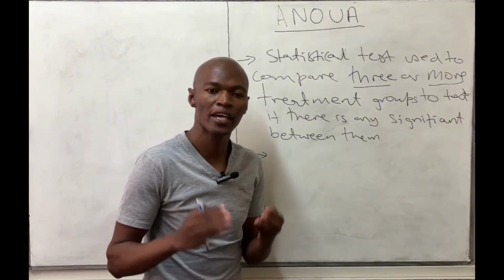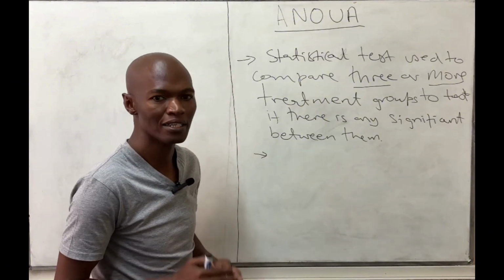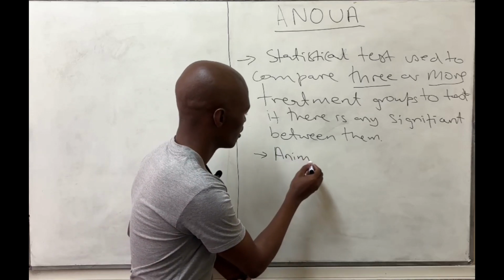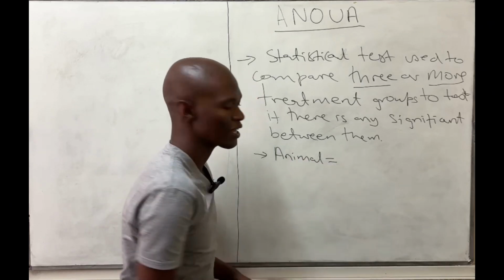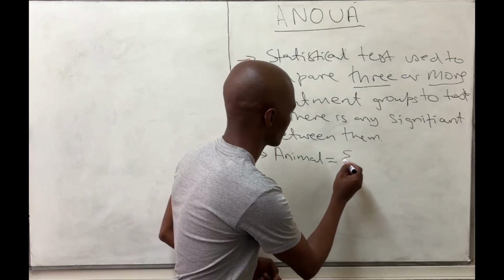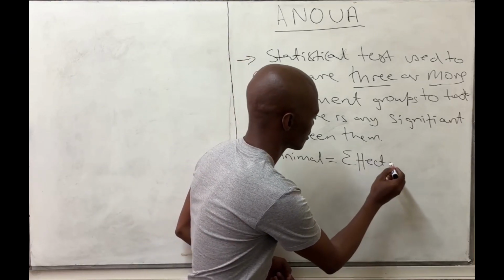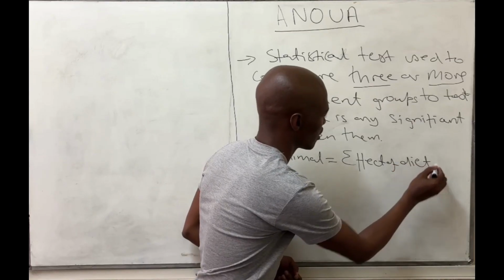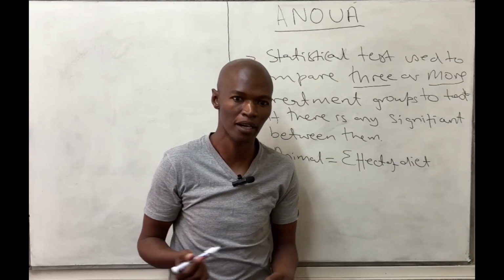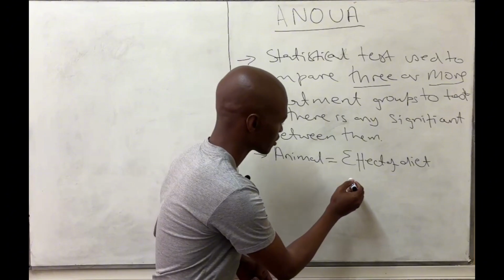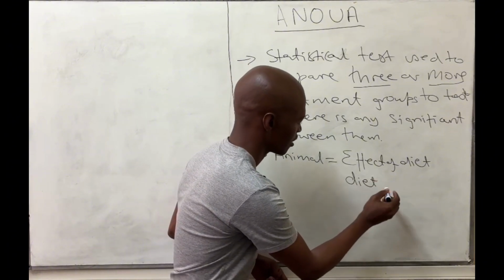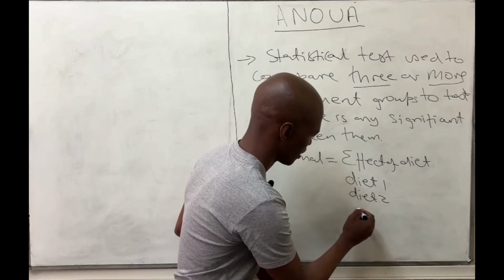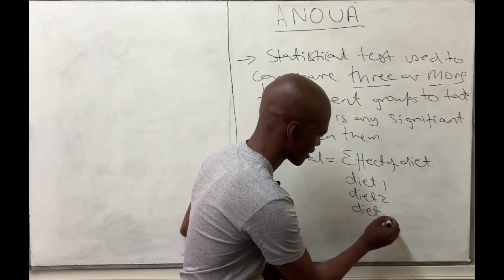For example, we can have the example in animal science research, whereby we look at the effects of diets on growth performance of an animal. Now, those diets, you have diet 1, diet 2, diet 3.